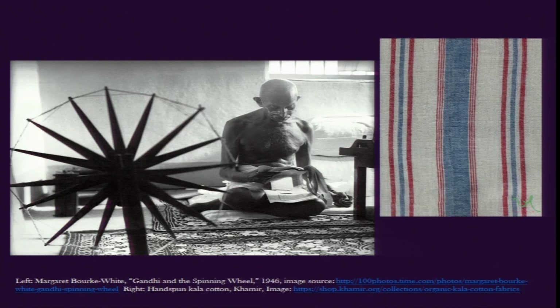In the 17th century and later on, we find that with the arrival of the Western European traders, there was a huge demand for, initially, cotton textiles made in India.